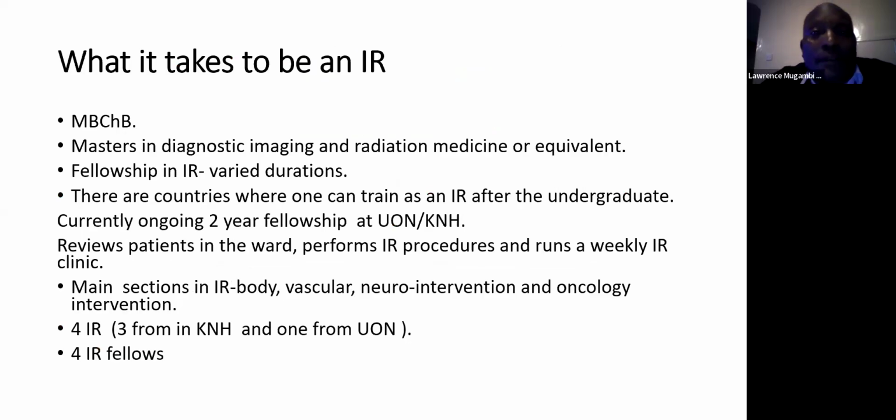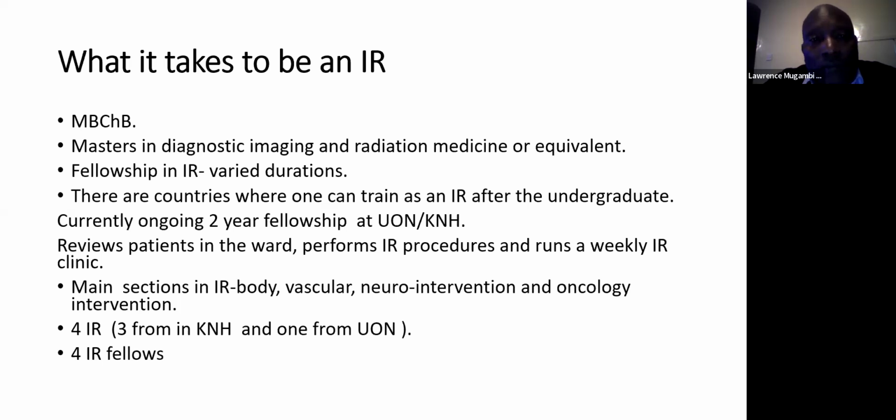What does it take to be an IR? In our country now, we need an MBChB, that's a Bachelor of Medicine and Bachelor of Surgery, a Master's in Diagnostic Imaging and Radiation Medicine or equivalent, and a fellowship in IR. The training varies in duration: you can go for 6 months, 12 months, or 2 years of training.